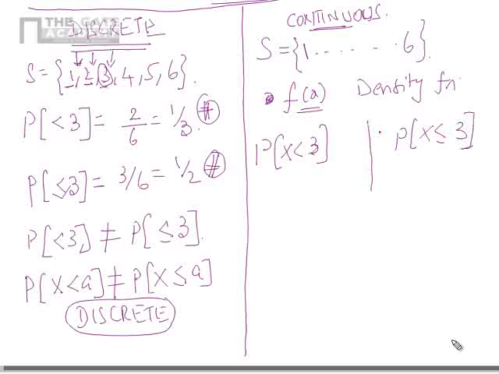Before writing in mathematical terms, let us analyze what I mean by this statement. When I say the probability that x is less than 3, that means x can take any value from 1 up to 3. It cannot take 3. It can take any value like 1, 1.0011, till 2, 2.5, 2.7, 2.9, 2.999, 2.9999999, like that.